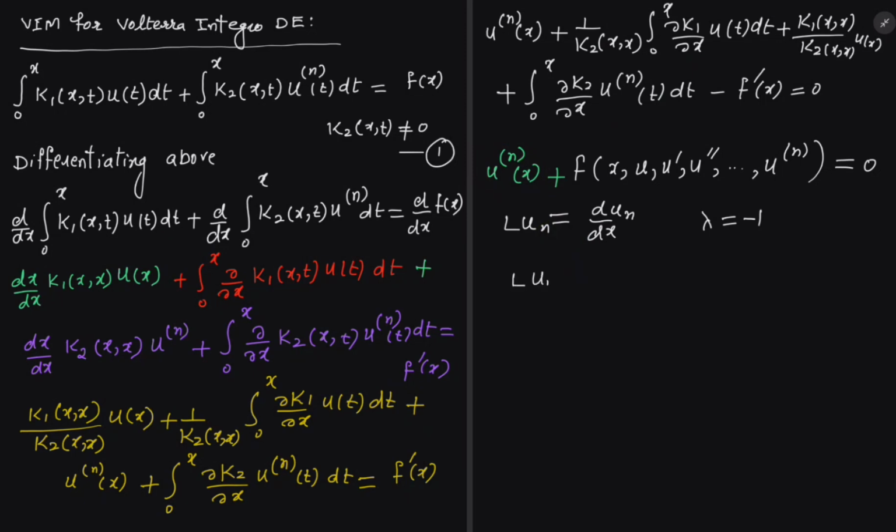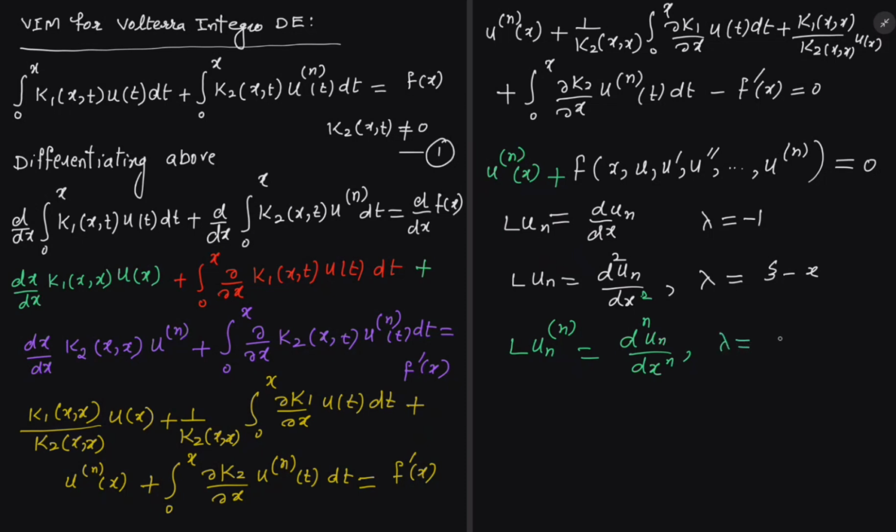Similarly, if we have a second derivative, then lambda, as you remember, was xi minus x. Now, if we have the nth approximation and the nth derivative of that approximation, then we can write d^n u_n by dx^n. So we generalize the formula for lambda.